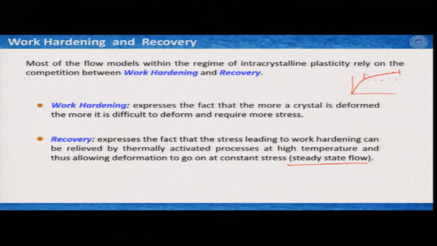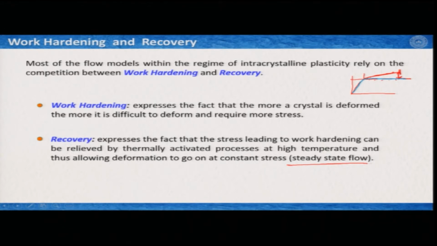So, that means the extra stress I need after the yield can be compromised if I add some temperature to the system. If I add temperature, then instead of following the red curve, after the yield it can flow in a steady state manner.